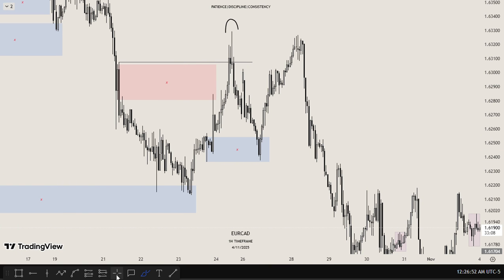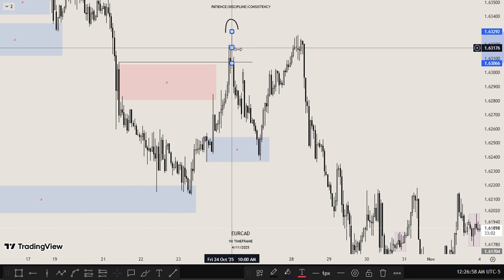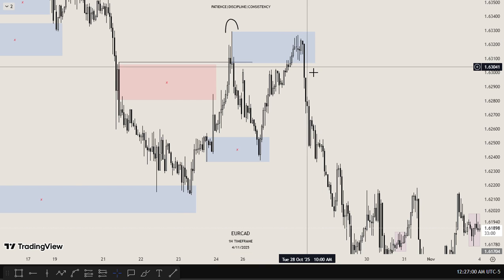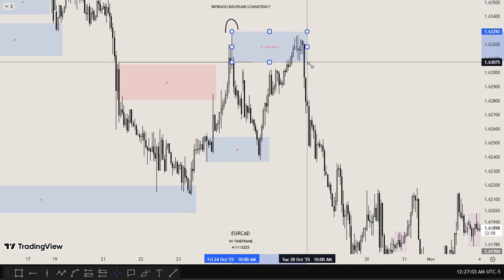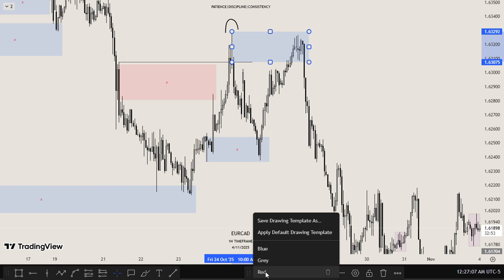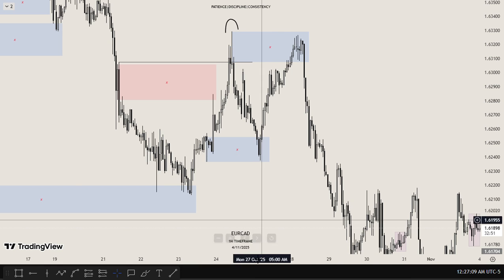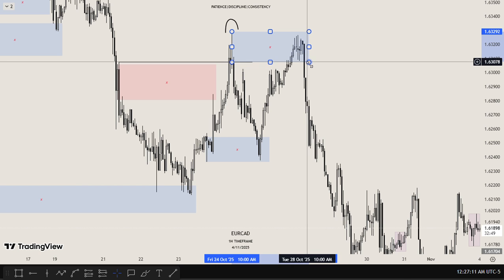What happens, because we know this high here is our liquidity block, we don't want that high to be taken. As you can see, the high was not taken.